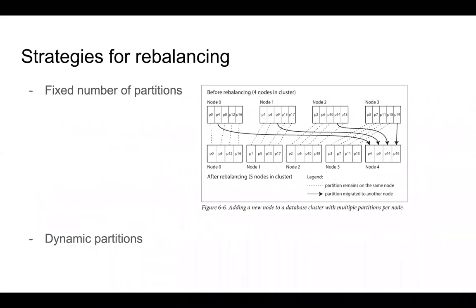Mainly there are two strategies for rebalancing. First is fixed number of partitions, and second is dynamic partitioning. As the name suggests, with a fixed number of partitions, the number of partitions in the cluster would remain the same. The first time I configure my cluster, I decide how many partitions it would have.